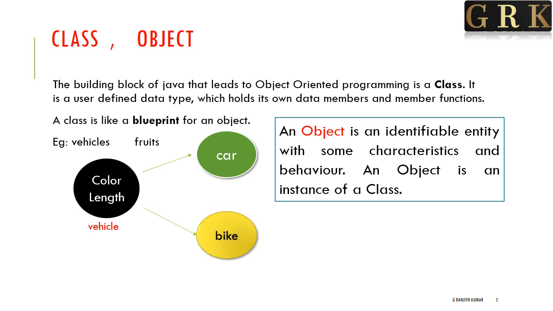Assume that next under the vehicle category I am considering bike. In the first instance car, in the second instance bike. Now the vehicle property color is going to be yellow. Just assume that bike color is yellow, and bike length is going to be the value of the length property in the vehicle.